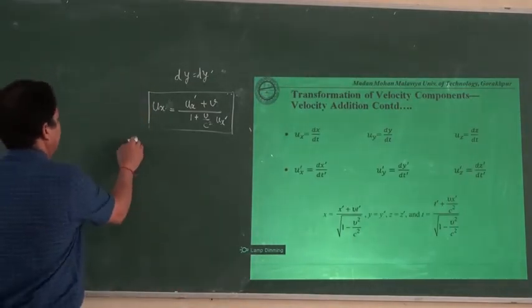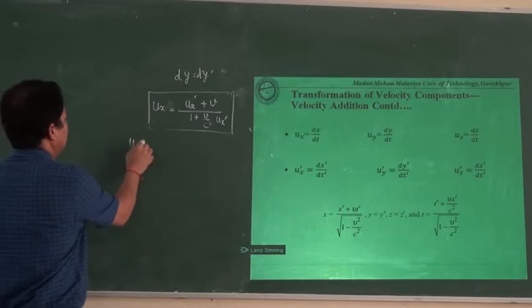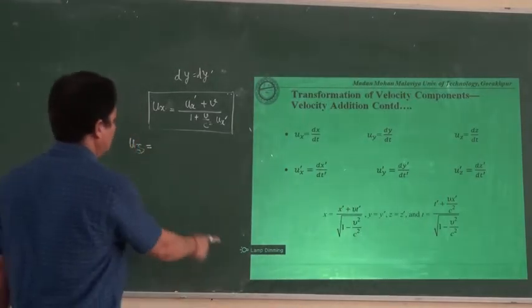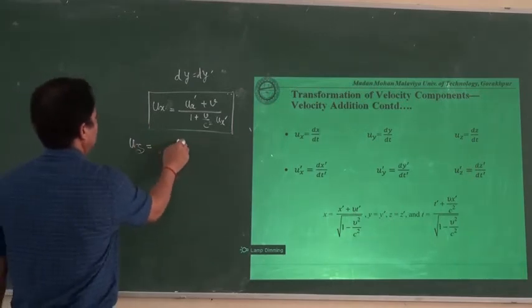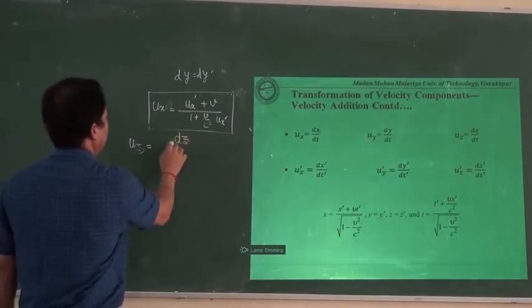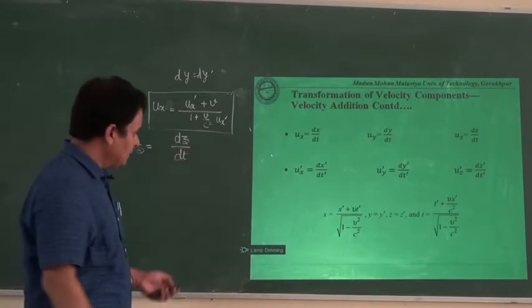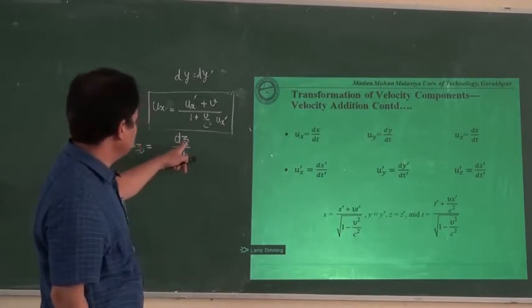For the z component, we will write uz, and this uz is equal to dz upon dt.